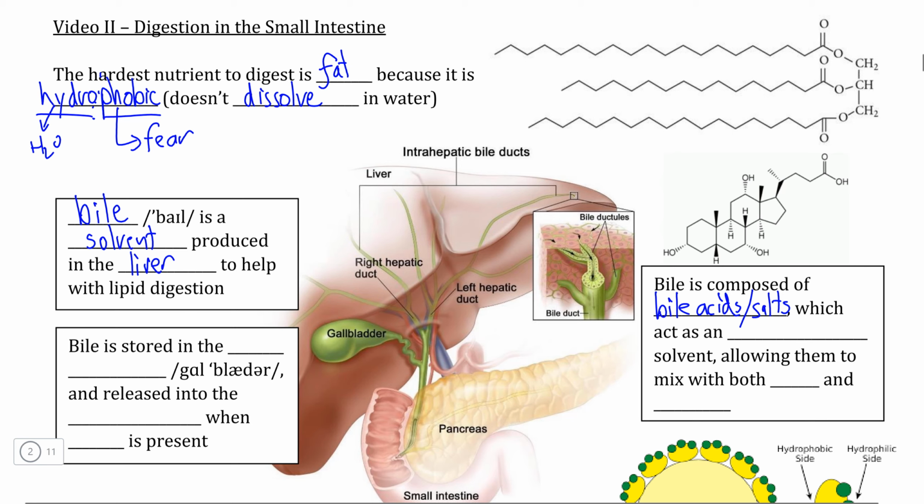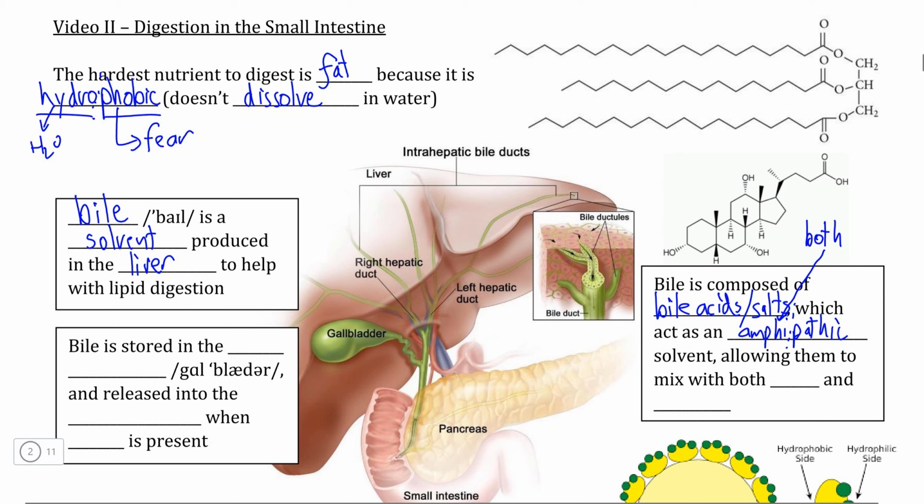Now, bile compounds, bile acids, and bile salts are what we call amphipathic compounds. If we break this word down, you might recognize the prefix amphi as being the same prefix as in the word amphibian, referring to organisms that can live on both land and in the water.